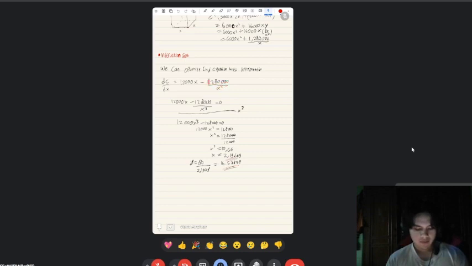So it'll be 1,280,000 per x squared, and that basically all sums up to 0.